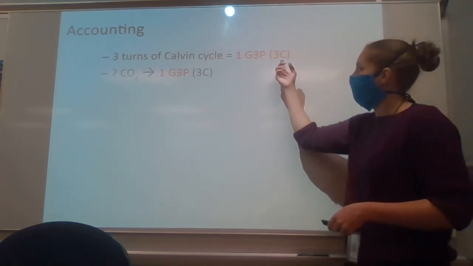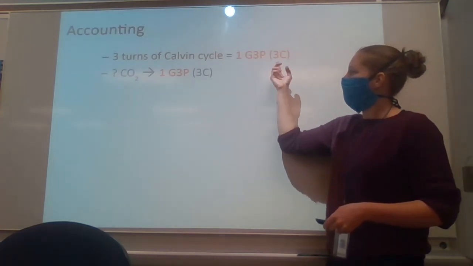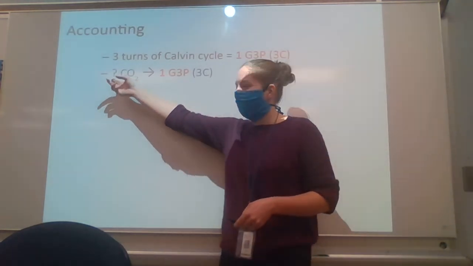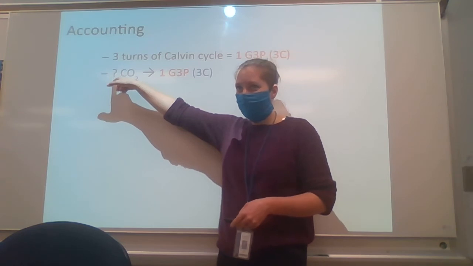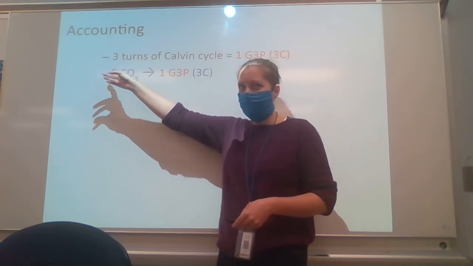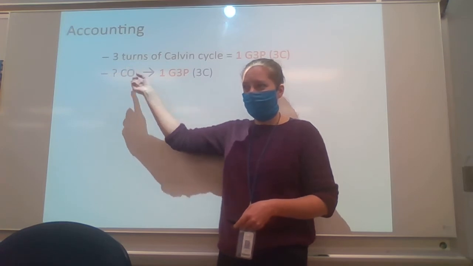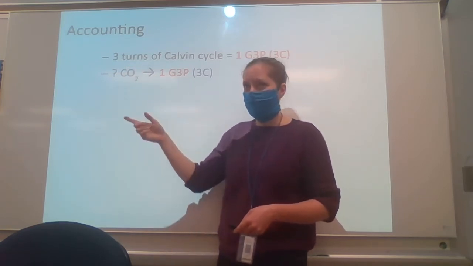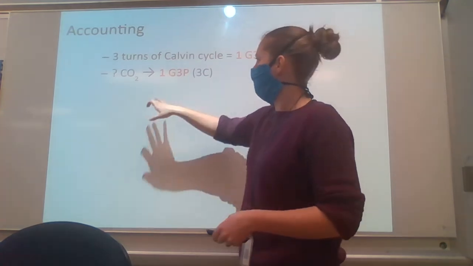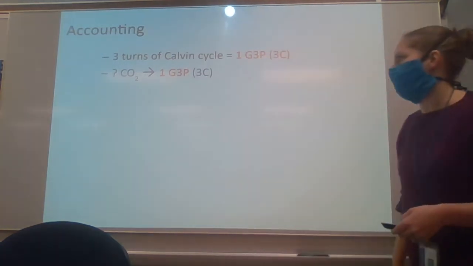So in order to get a 3-carbon molecule, how many molecules of carbon dioxide are going to have to go in? 3, because how many atoms of carbon does each carbon dioxide have? 1, right? So you have to have 3 carbon dioxide molecules come in to make that G3P, which has 3 carbons.